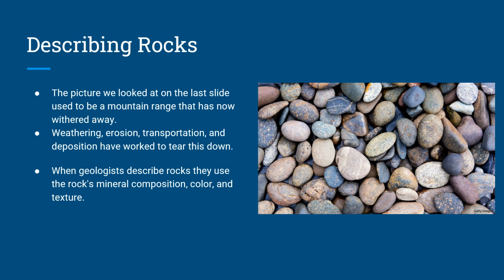For example, for figure 1, Towers of Rocks, the label reads, "The striking red color of Monument Valley is the result of iron oxide minerals exposed within the rock." So they definitely used the color, they used the mineral composition, and they didn't quite explain the texture there, but they kind of got into it.